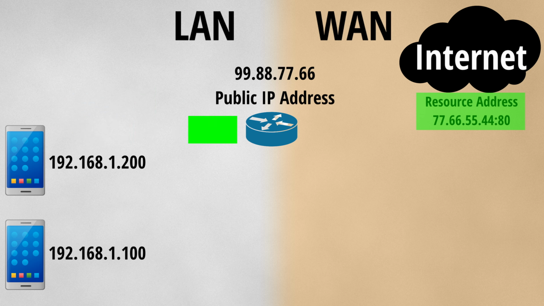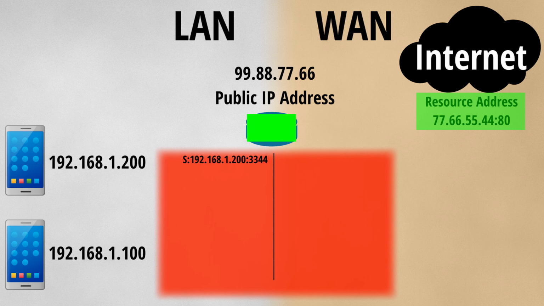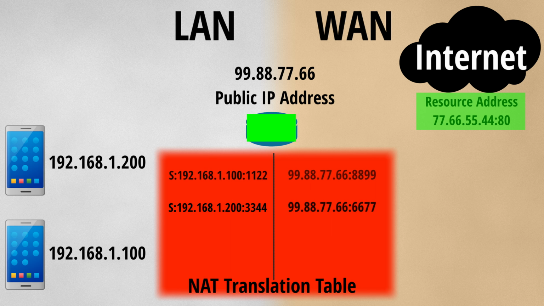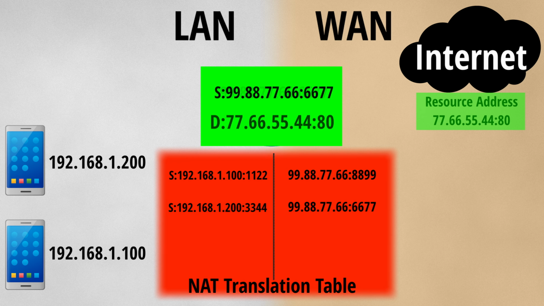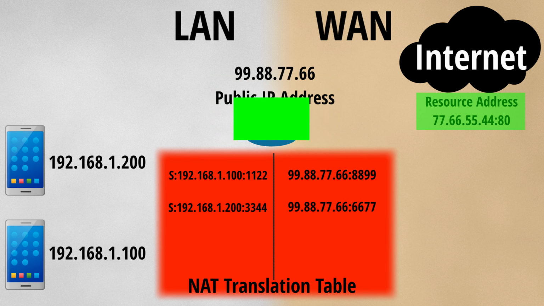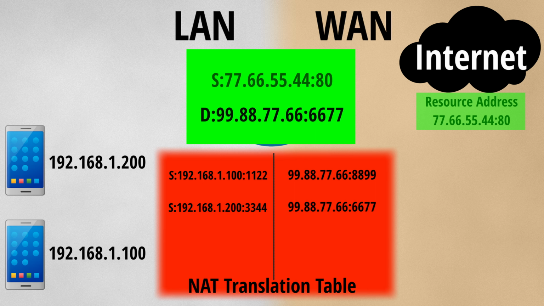When it gets to the router, it will put the private address in the translation table and convert that to the public IP address of 99.88.77.66, the same as what I was using, but it will choose a different port number, something like 6677 for instance. And off it goes. Upon its return, the IP packet source address will be what was the destination, so the source will be 77.66.55.44 port 80.